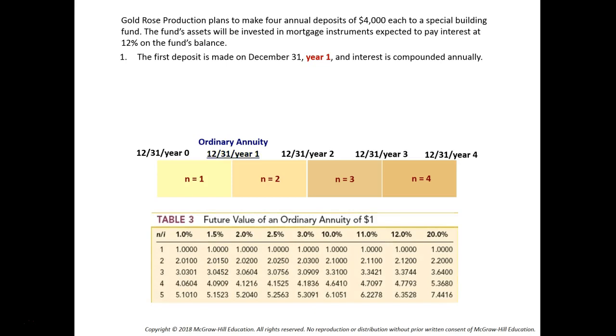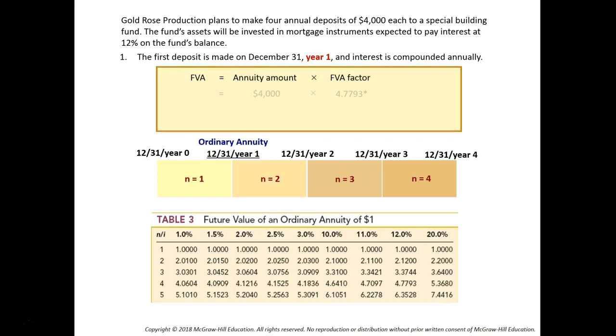So if it's compounded annually, then what we're going to look at is the annuity amount of $4,000, and we'll look at the future value at 12% for 4 periods, or 4.7793, to come up with the future value of an ordinary annuity, which would be $19,117.